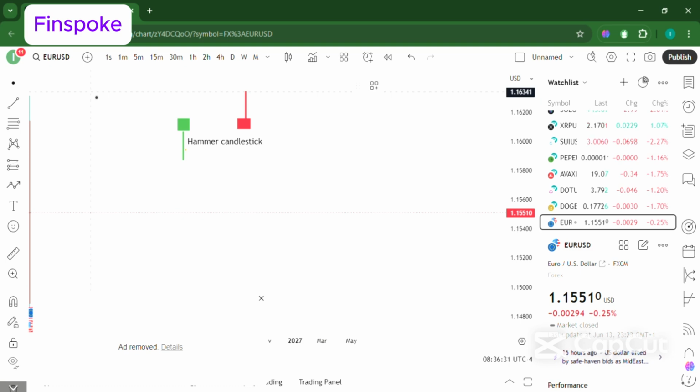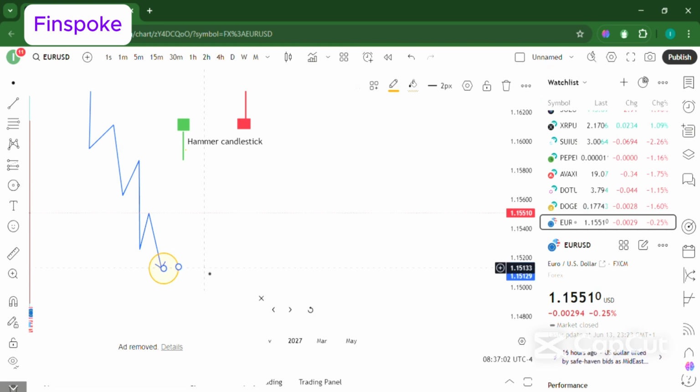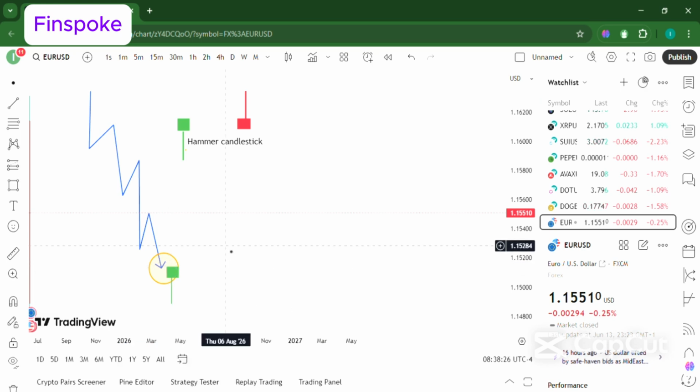For hammer, we have something like this. Let's say price declined to this point, and at this point the hammer appeared. This candlestick appeared, usually bullish.